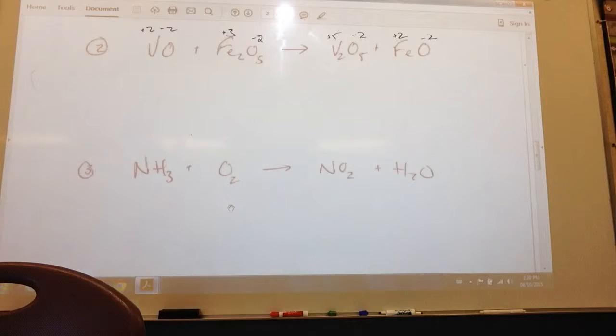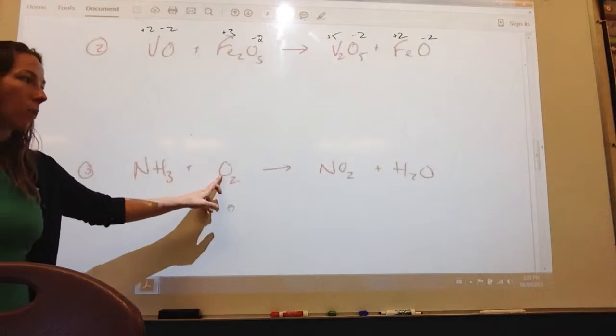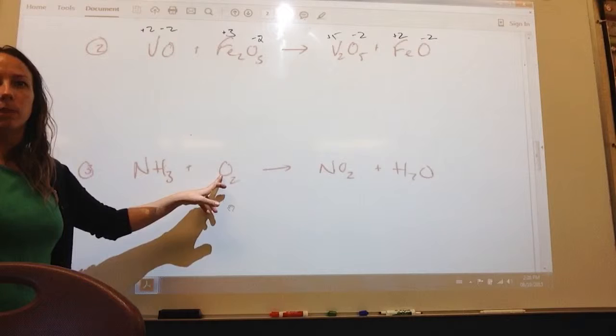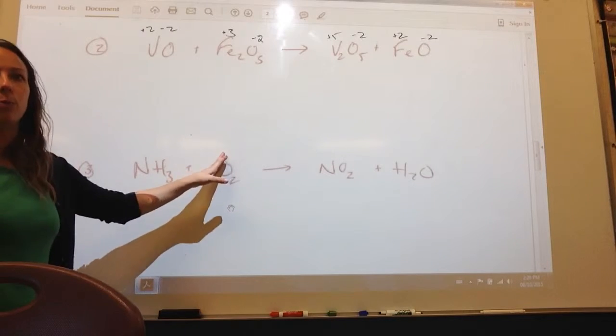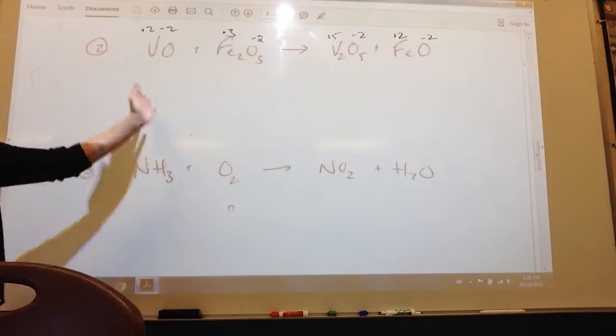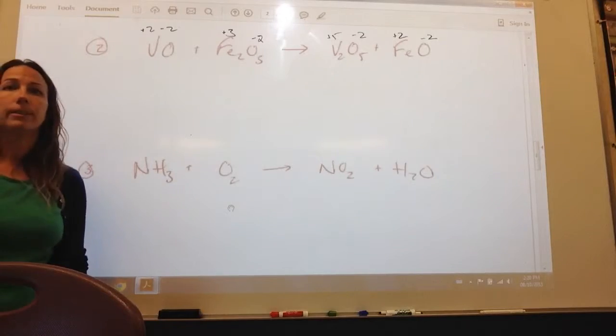So you just reverse them? Does that work for most compounds? Well, it won't work for this one because it's an element, so it has to be a 0. But for simple compounds like that, absolutely.